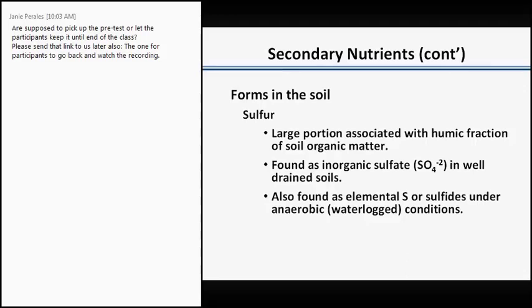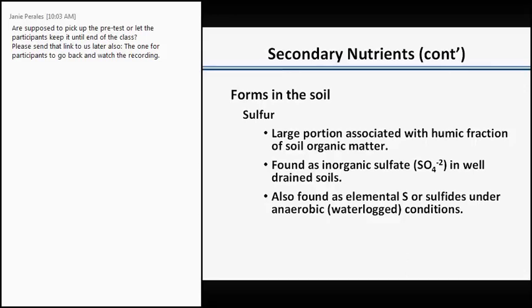It can also be found in soils as elemental sulfur and sulfides, especially under anaerobic, waterlogged, or saturated conditions. So where we have situations like growing rice, for instance, or if you've got a water feature in your yard where you are growing different types of aquatic plants, right below the surface of the sediment you get reducing conditions because you've got a waterlogged situation, no oxygen there, and so you have the potential to have the presence of sulfides.